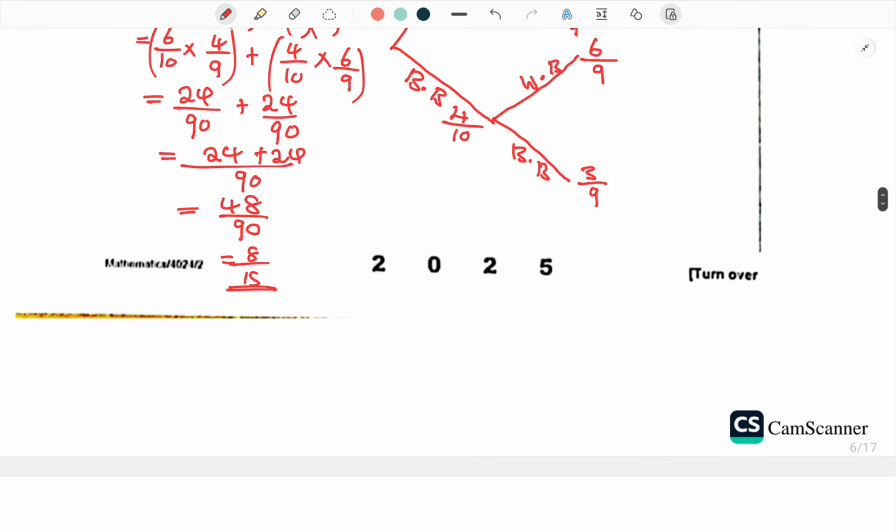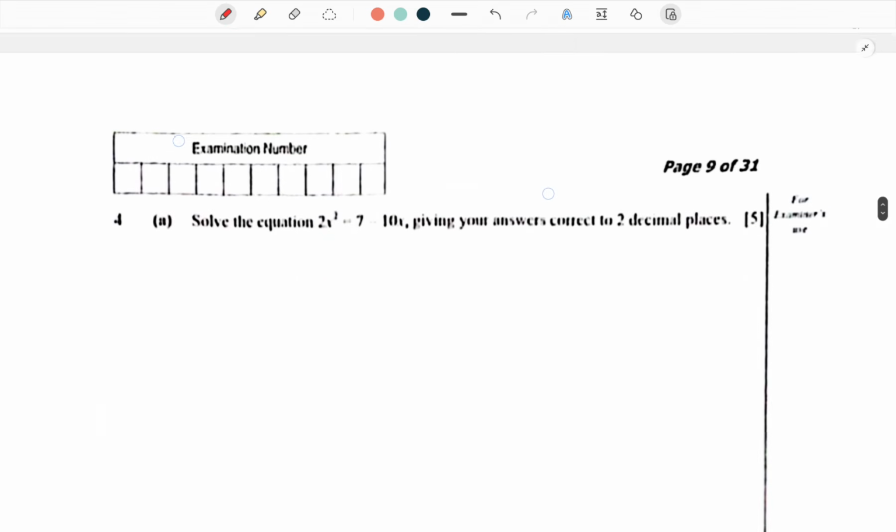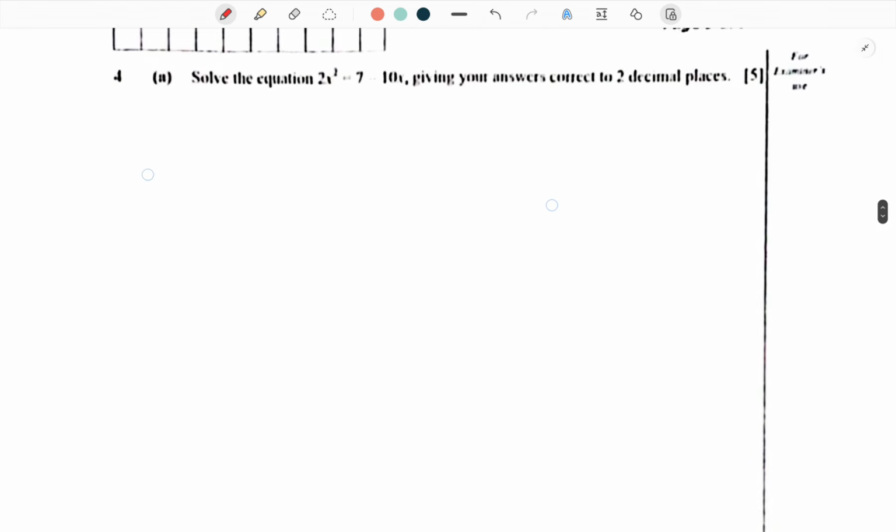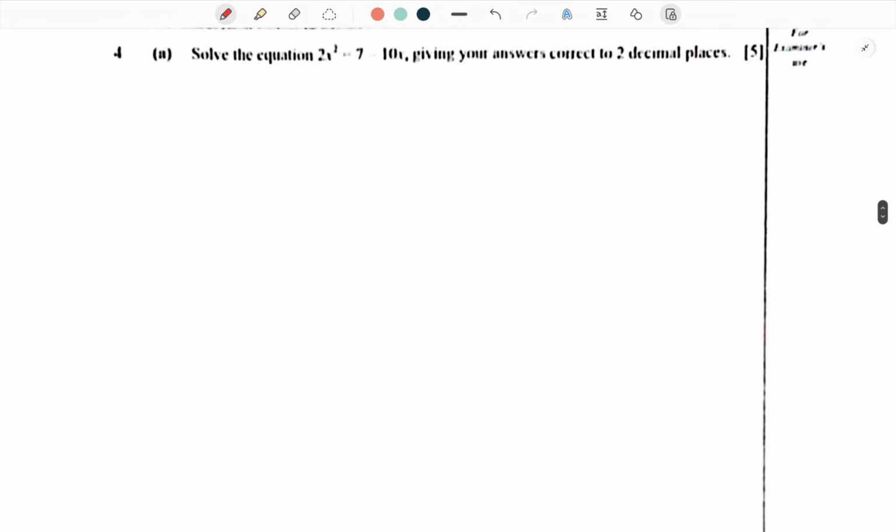Okay, let's proceed. We have a quadratic equation, something I expect that you get everything. They're saying we solve the equation.